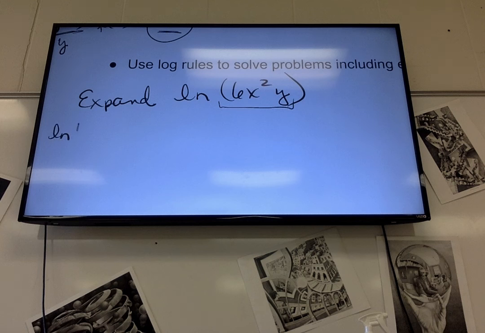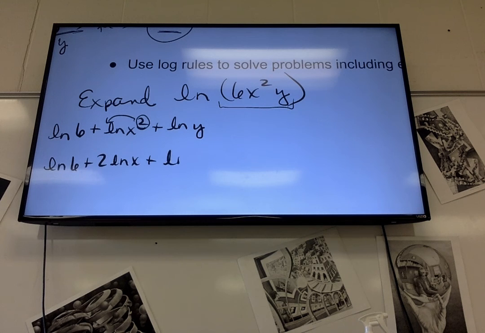That's the natural log of 6 plus the natural log of x squared plus the natural log of y. Then you have this power, which can be brought out in front. And just make sure a natural log of 6 is not something that we could solve, which it's not. And then that's it.